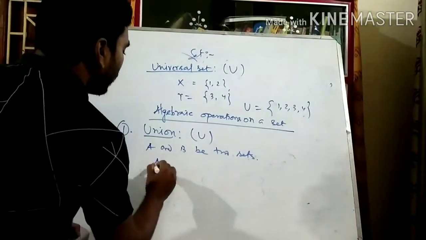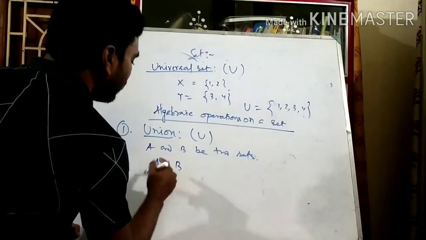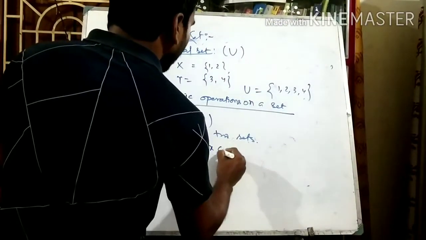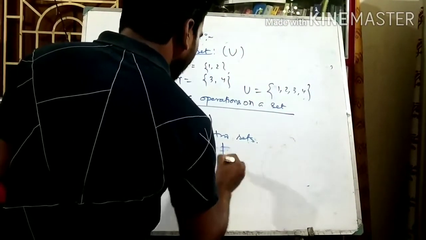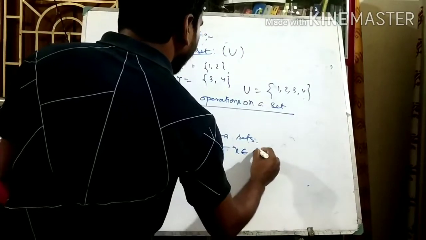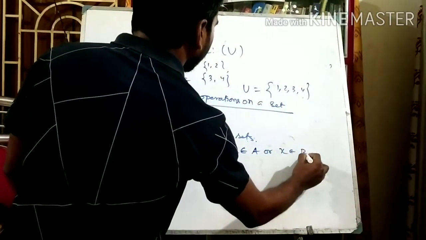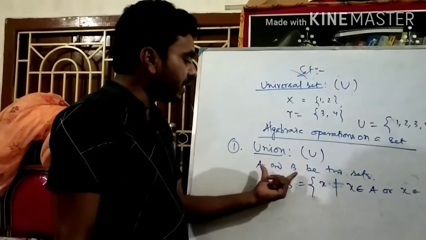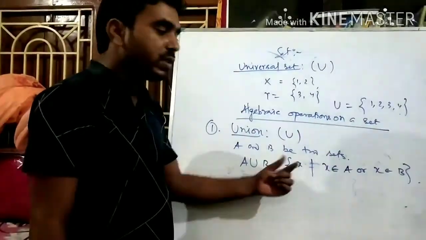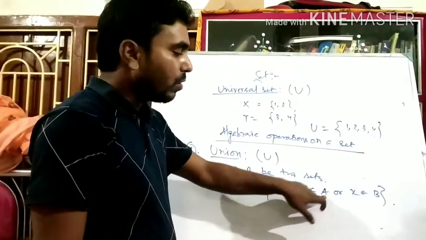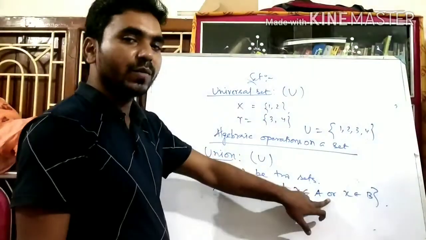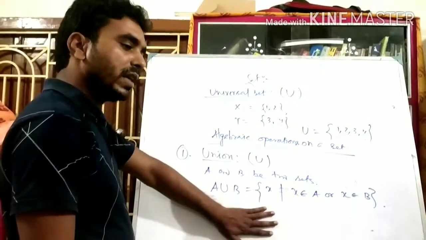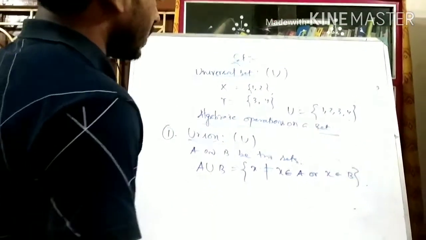Then the union of A and B, denoted by A union B, is defined in this way: {x such that x belongs to A or x belongs to B}. That means the union of two sets A and B contains all those elements which may come from A, or which may come from B, or which may come from both sets A and B. So this is the definition of the union of two sets.